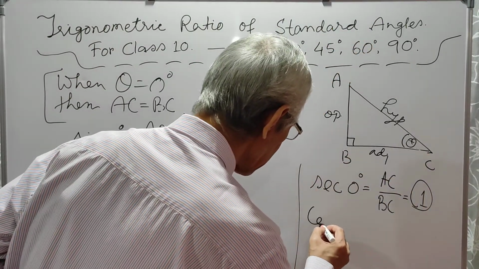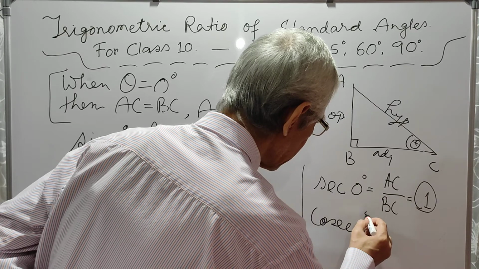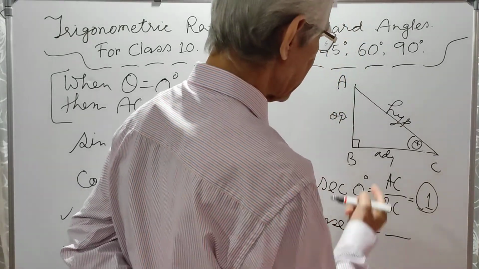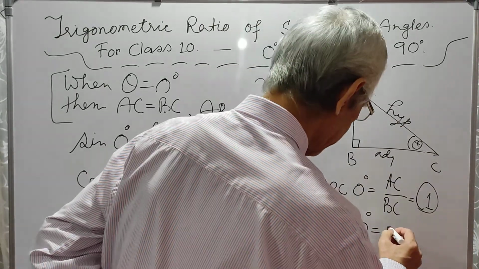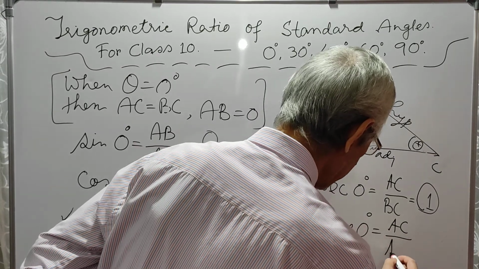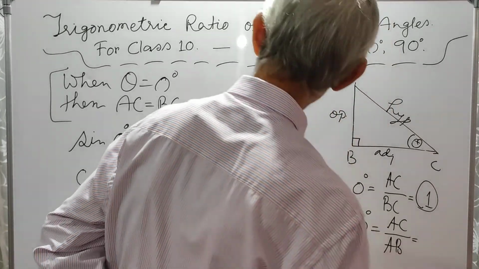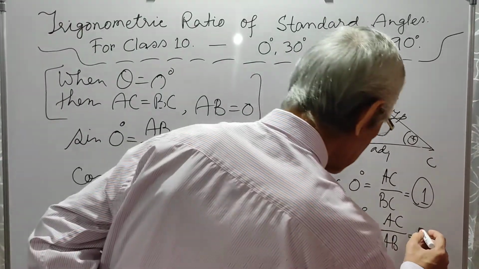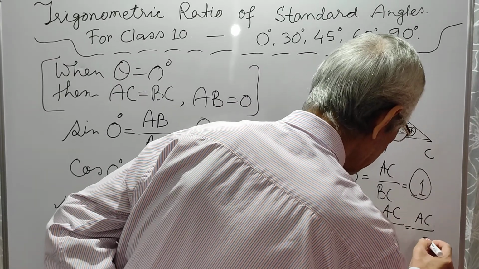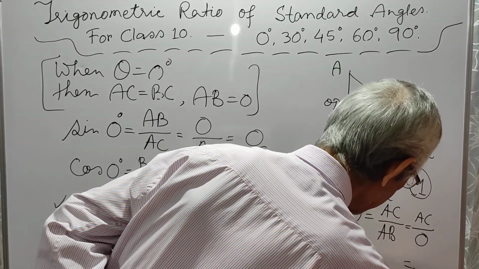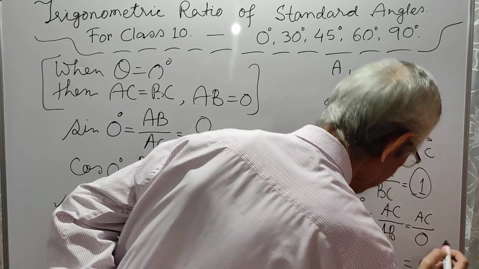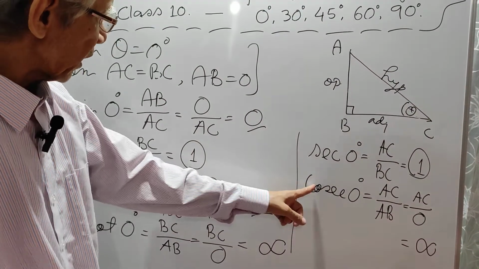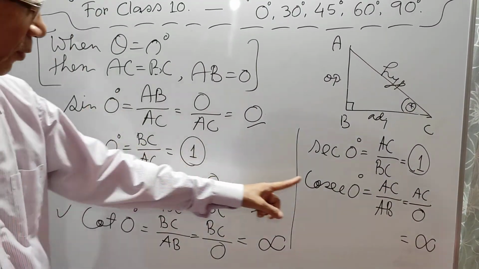At last, cosec 0 degree. Cosec is hypotenuse by opposite, AC by AB. Now AB is 0, so AC by 0. Anything by 0 is infinity. Cosec and sine are reciprocals of each other.